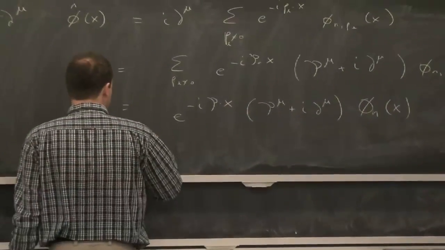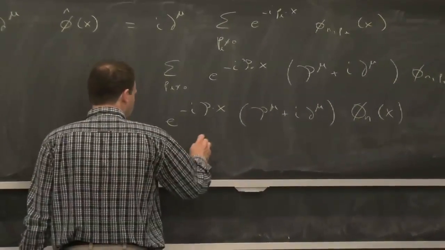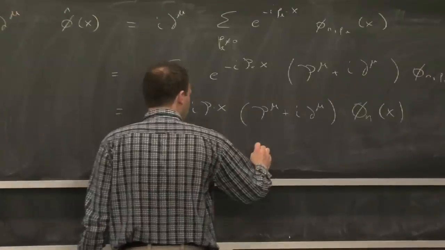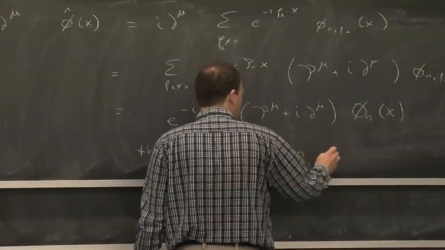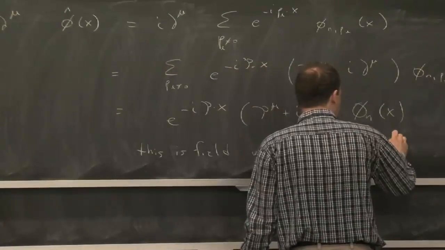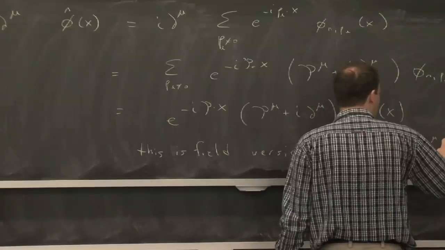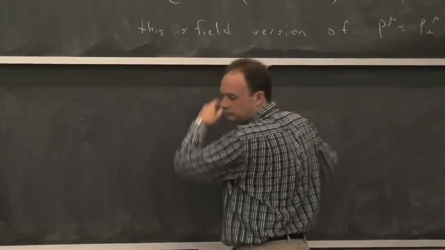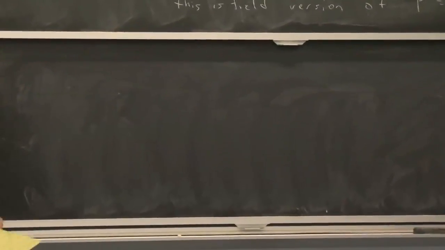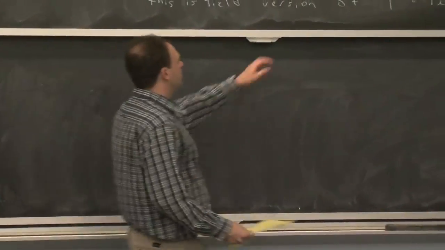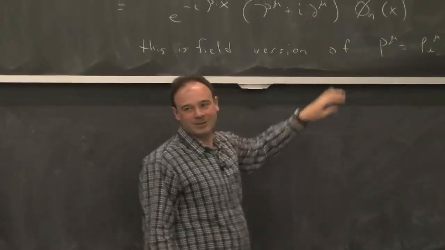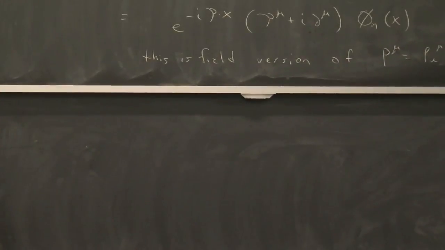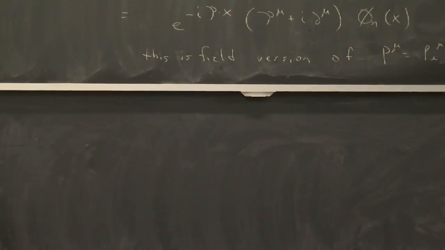Okay, this is the field version of p mu equals p_L mu plus p residual mu. But the advantage of this notation is that we can then drop the partials if they're smaller. That's the whole reason for this setup.